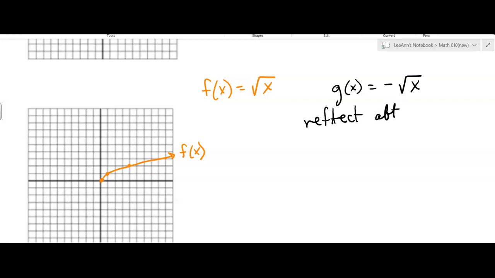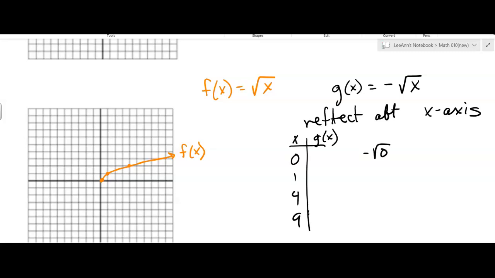Okay? So you think about your table of values, if you had x and g of x, you could put in 0, 1, 4, and 9. That's fine. But the square root of 0, and the opposite of that is going to still be 0. But the opposite of the square root of 1 is going to be negative 1. The opposite of the square root of 4 is going to be negative 2.